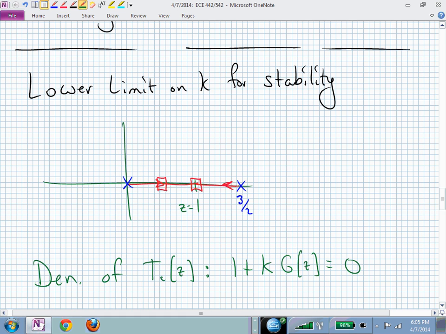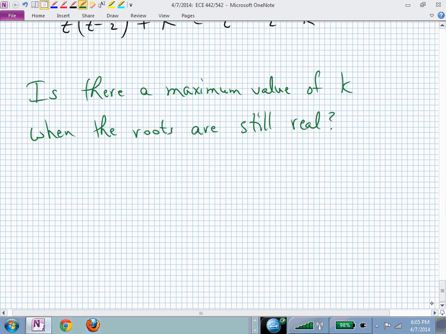We could find that analytically with your calculus, couldn't we? We have the formula for k.